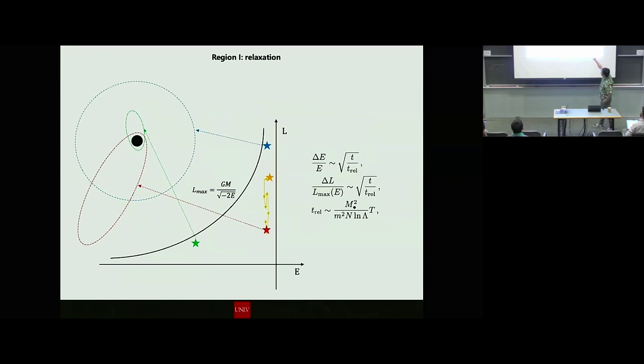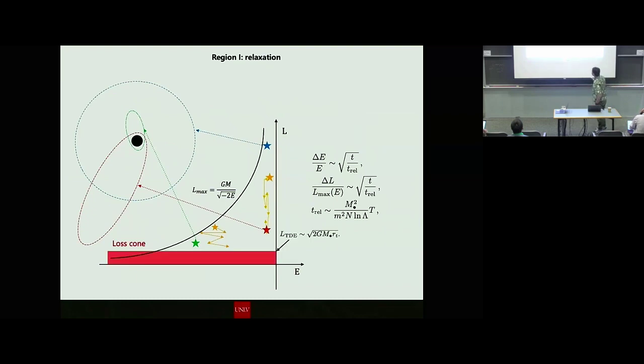However, the maximum angular momentum in this region is very high, so it will move fast vertically. And if we consider a stellar orbit in the high binding energy region, due to relaxation you will find that this stellar orbit will move fast horizontally, but it's difficult to move vertically in this region.